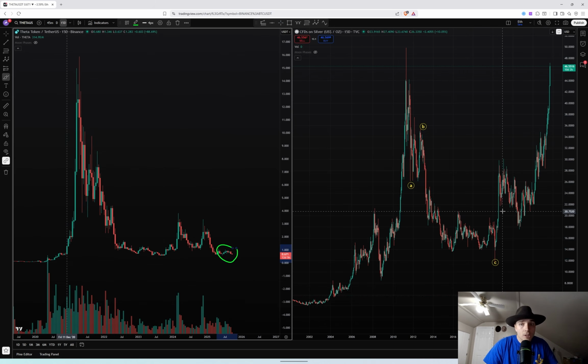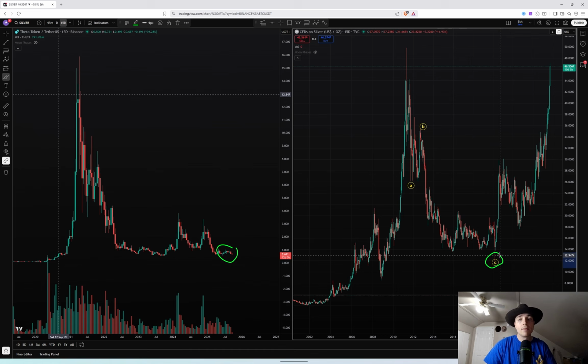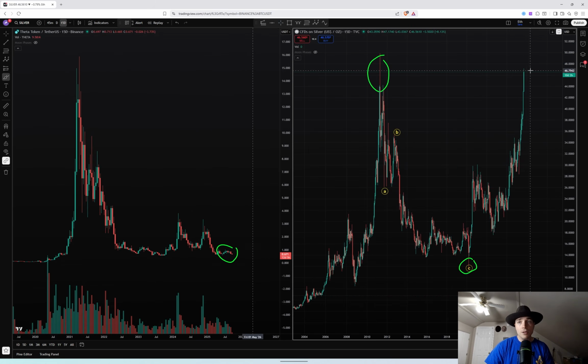And look how much silver has grown since the bottom of that ABC correction. We've seen huge growth in silver, a big rounded bottom, and we're getting ready to break the old all-time high. It could always pull back a little bit here in the short term like this. Usually you do see little corrections along the way up, but silver is on its way to break above its old all-time high and head all the way to the moon in a massive bullish cycle.